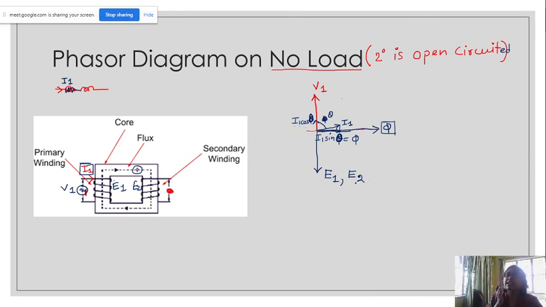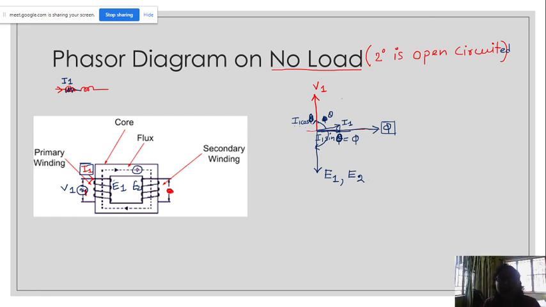By convention we are taking them as lagging, because after the flux, E1 and E2 are both induced, so we take them 90 degrees lagging with respect to the flux. Though there is another type of convention, for which I have given you the material handout in your Google Classroom, I generally follow this convention where E1 and E2 are 90 degrees lagging with respect to phi, because after phi is generated we get E1 and E2. Up to this point you understand now?